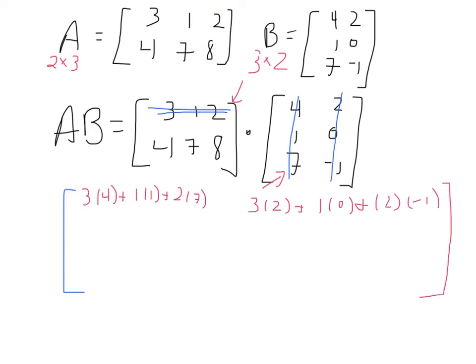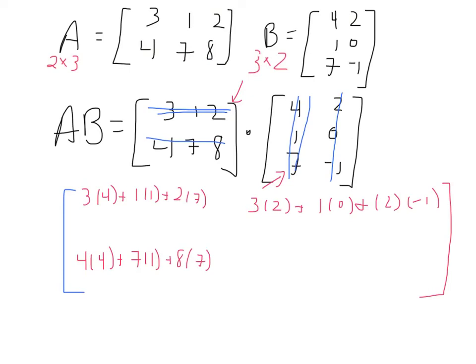And then I always refer to this step as rinse and repeat. So the 4, 7, 8 gets multiplied with this 4, 1, 7. So 4 gets multiplied to 4 plus 7 being multiplied to 1 plus 8 being multiplied to 7.